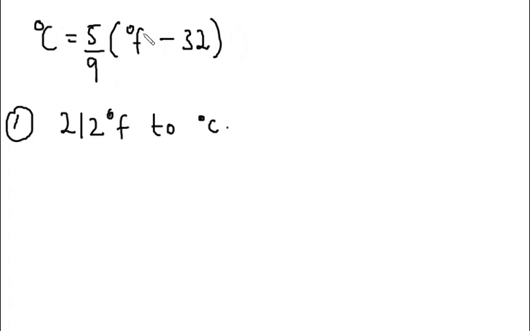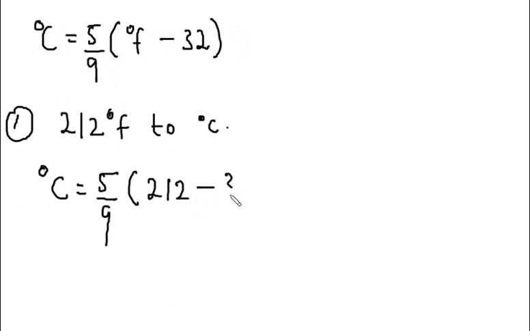So the formula becomes degrees Celsius equals 5/9 (212 degrees Fahrenheit minus 32). The degrees Celsius equivalent is 5/9 (212 minus 32, which is 180).